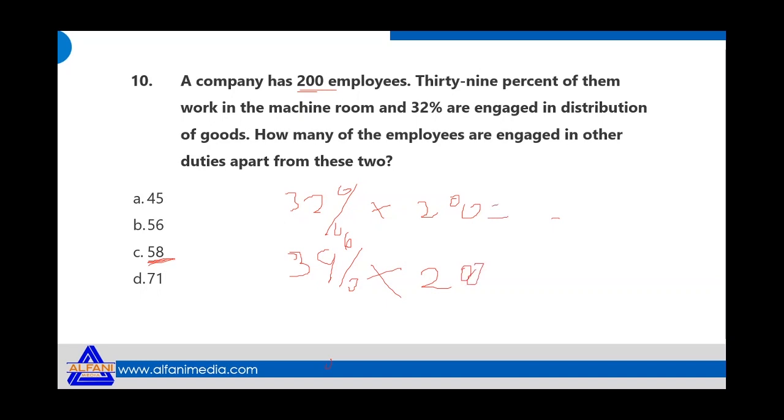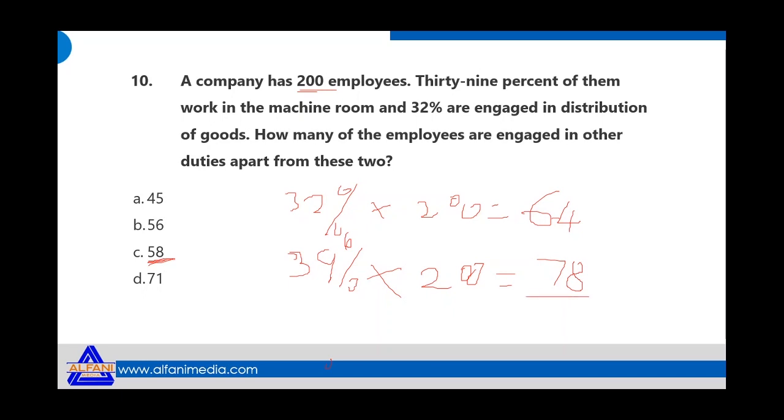Whatever we have here will be added together. So 64 here, and then we have here 78.